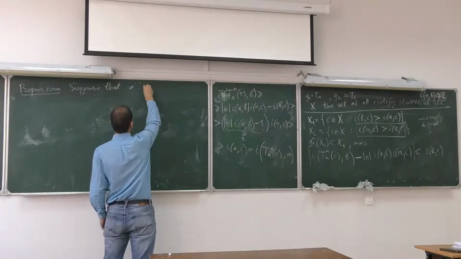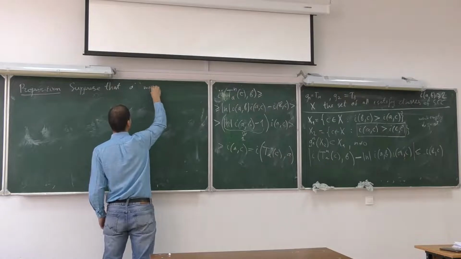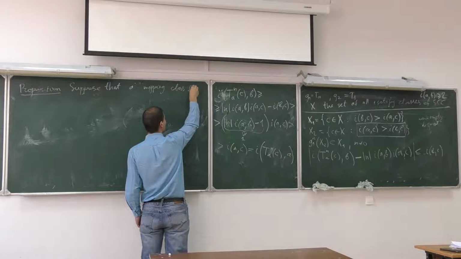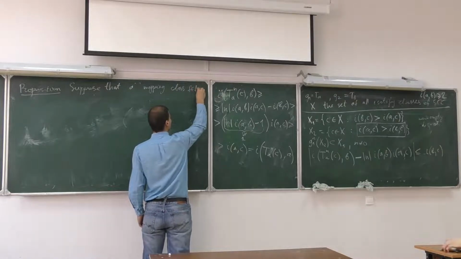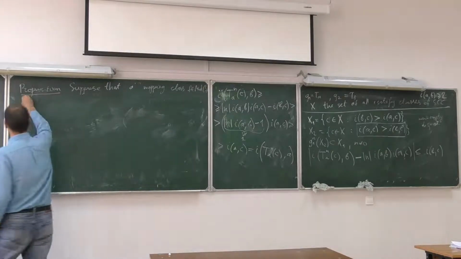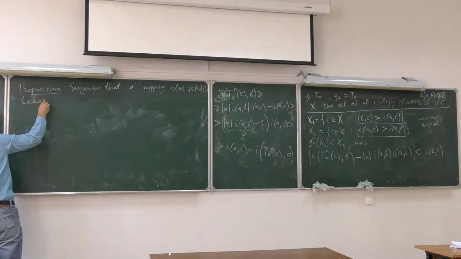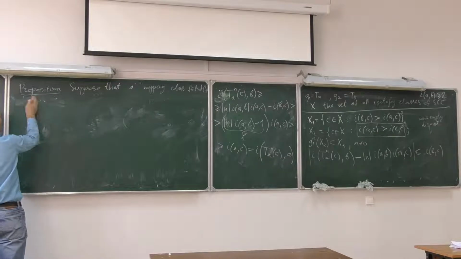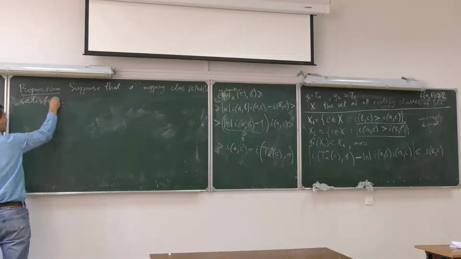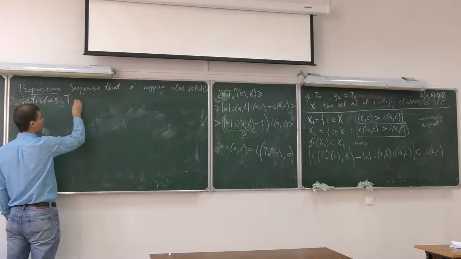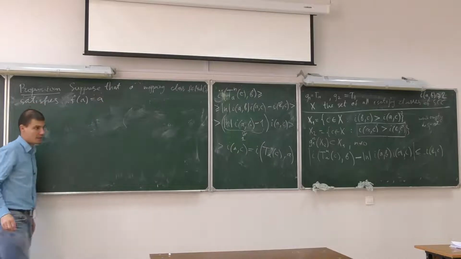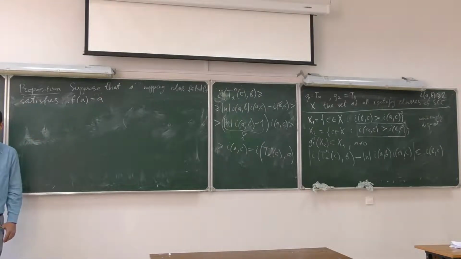Suppose that a mapping class F satisfies f of A equals A for any homotopy class of oriented simple closed curves.